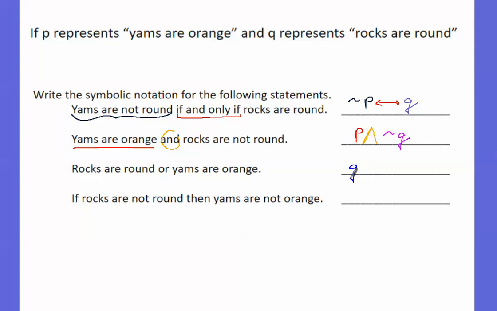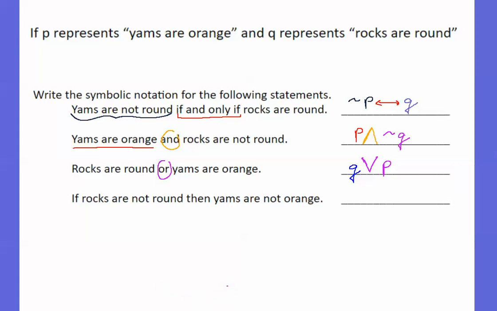Well, that's Q. Or, my word or here, is going to be the upward facing V. That's what the word or shows up as. Yams are orange. Well, that's what P represents.